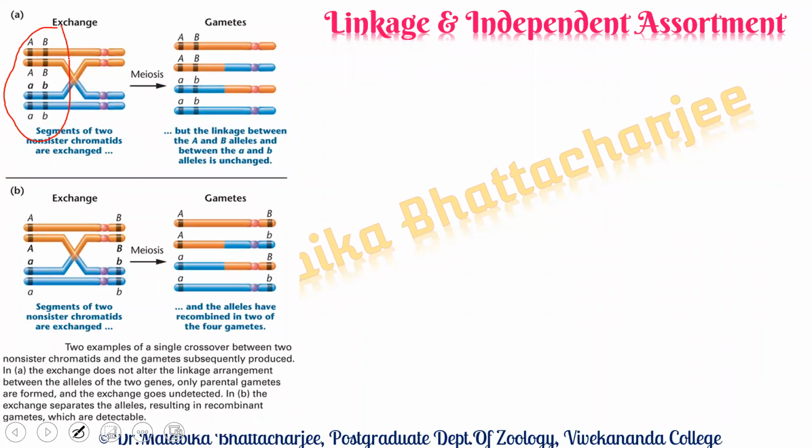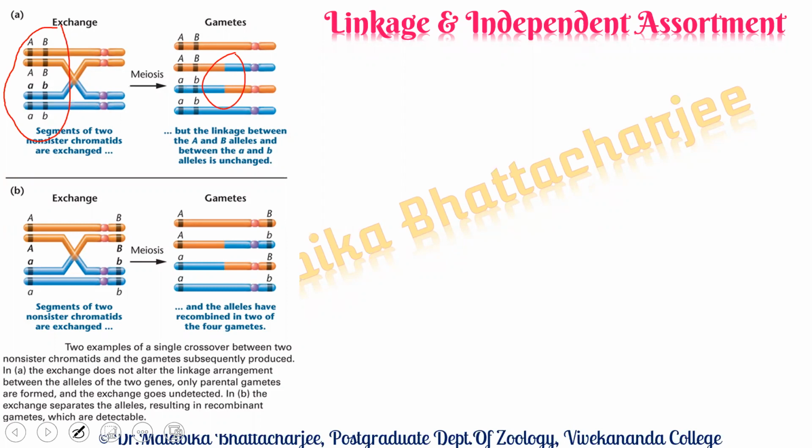And even though there is a crossover phenomenon occurring, we are seeing that with respect to A and B, there has been no crossover event. So with respect to A and B, the parental combination is achieved, even though you can see a crossover has occurred in between the 2 chromosomes.